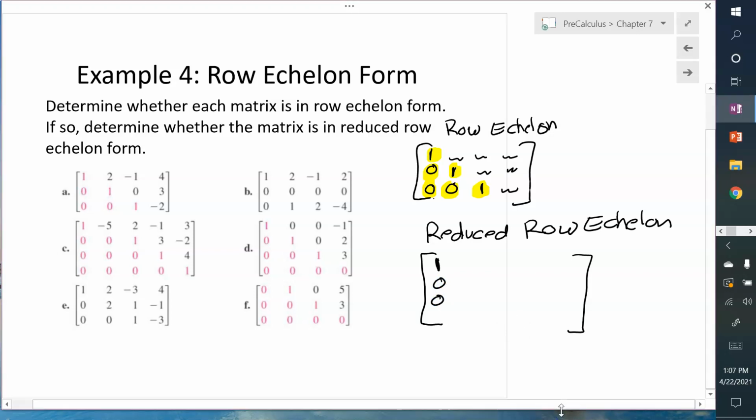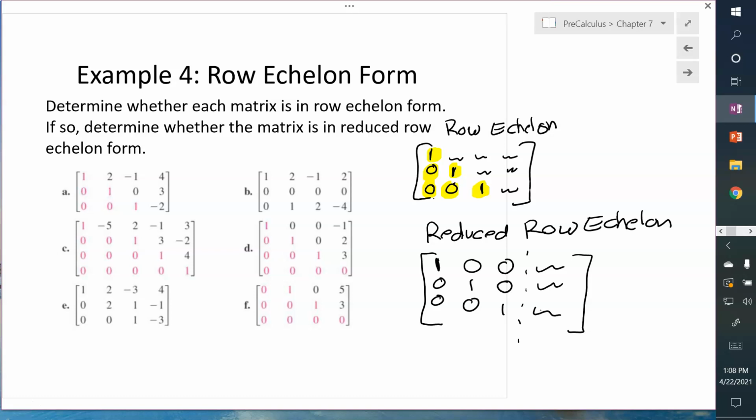Second row, second column, you have a 1, and the others are 0. Third row, third column, you have a 1, and the others are 0. And then over here, I can have any numbers I want. And what's happening there is once you get your matrix in this form, you can then say x equals whatever that number is over there, y equals whatever that number is, and z equals whatever that number is. So that's really nice for solving equations.